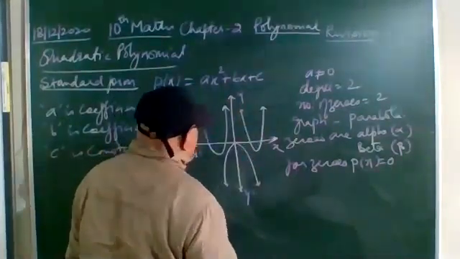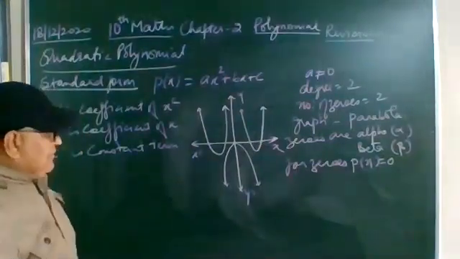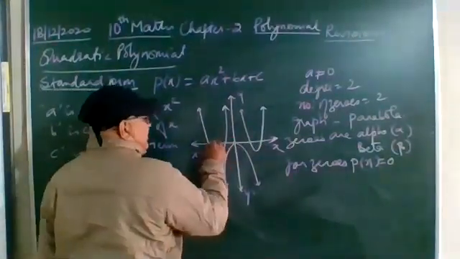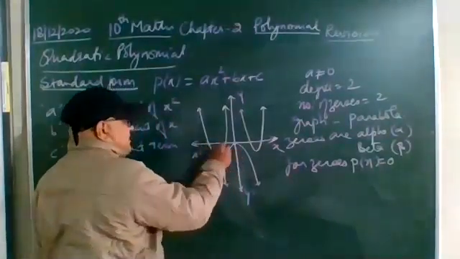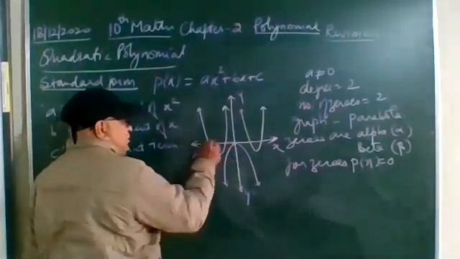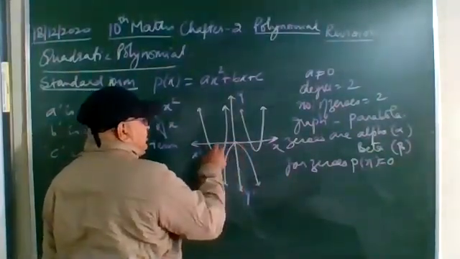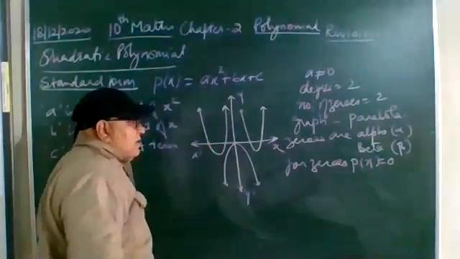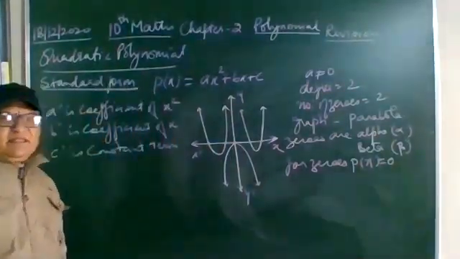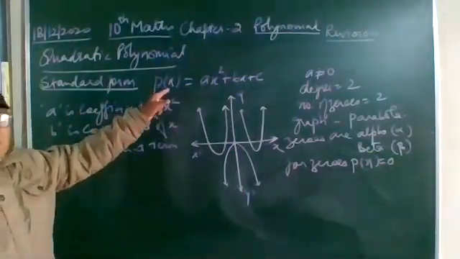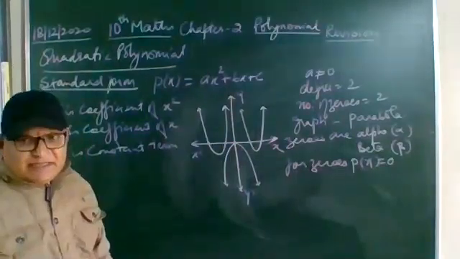So these are the shapes of the parabola. Here the parabola is intersecting at 2 points, so 2 zeros are there. Here it is both values. The zeros are the points of intersection of the parabola on the x-axis. Why do I say x-axis? Because the expression has the x variable.